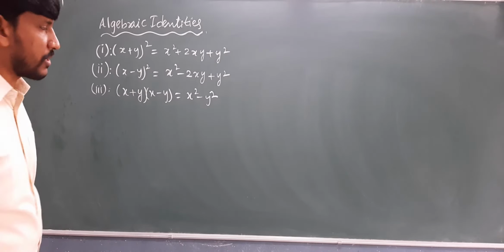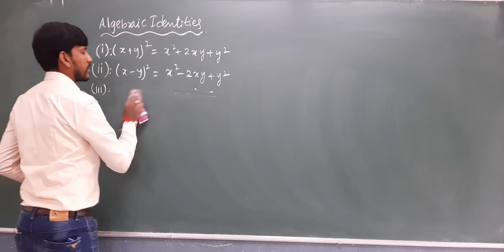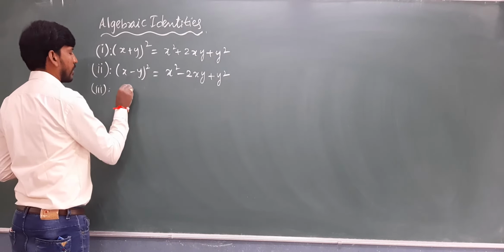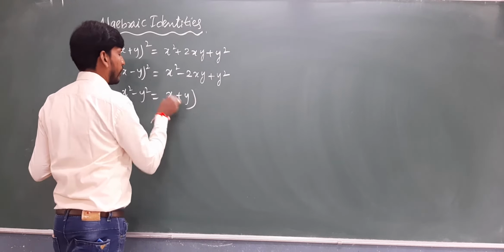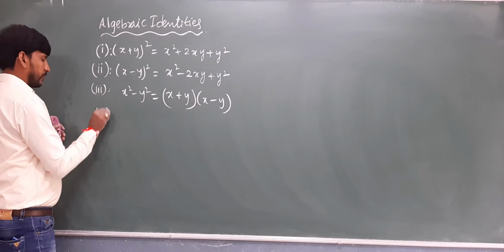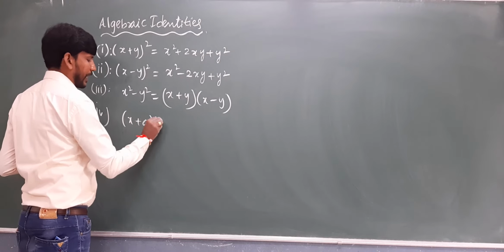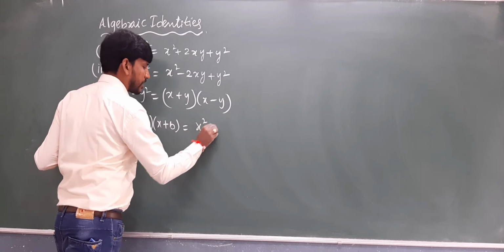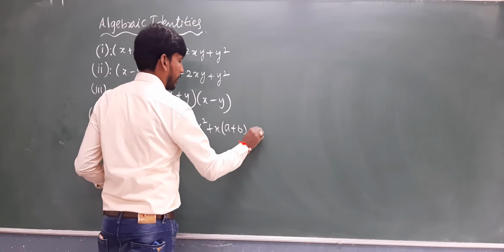x square minus y square, you should write it like that, then it is easy. Okay, now x square minus y square equals x plus y into x minus y. The fourth one is the product of x plus a into x plus b. This can be written as x square plus x into a plus b plus ab.